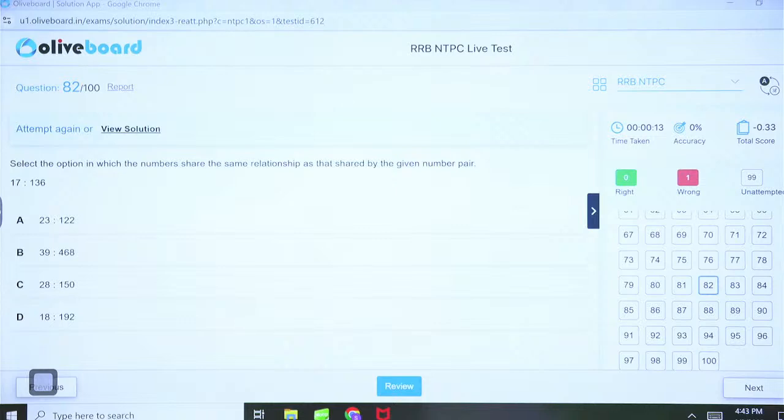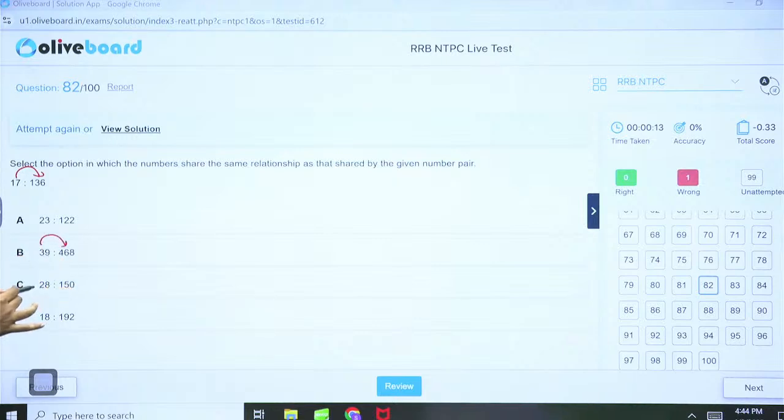Try this one. I think we can say that this 136 is the multiple of 17. 17 into 8 is 136.